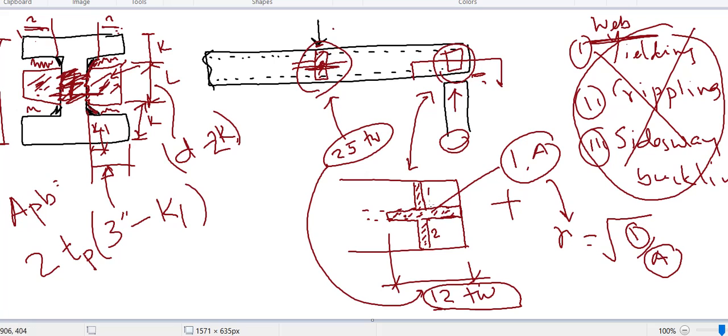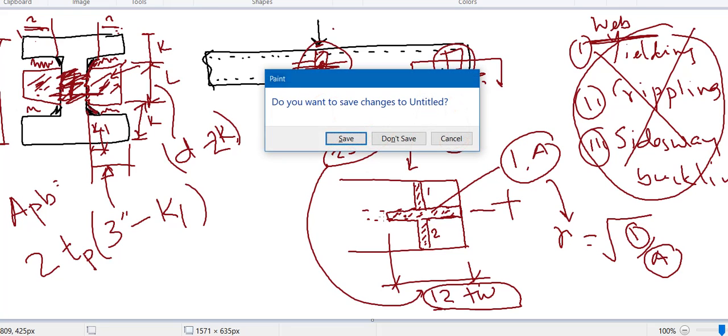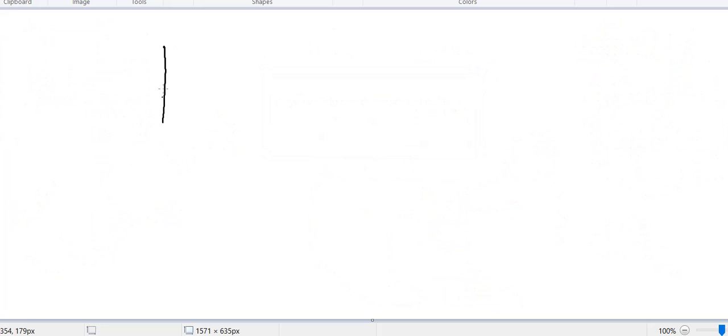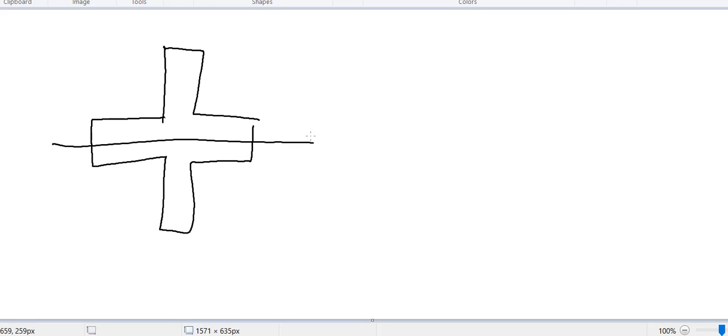Now, is it challenging? Can you find the moment of inertia of a composite section like this? Very simple. I will sketch a clear one to see better. I know that you know it. First, this is our axis. Let's take a new page. If I draw a bigger one, this is my combined axis.